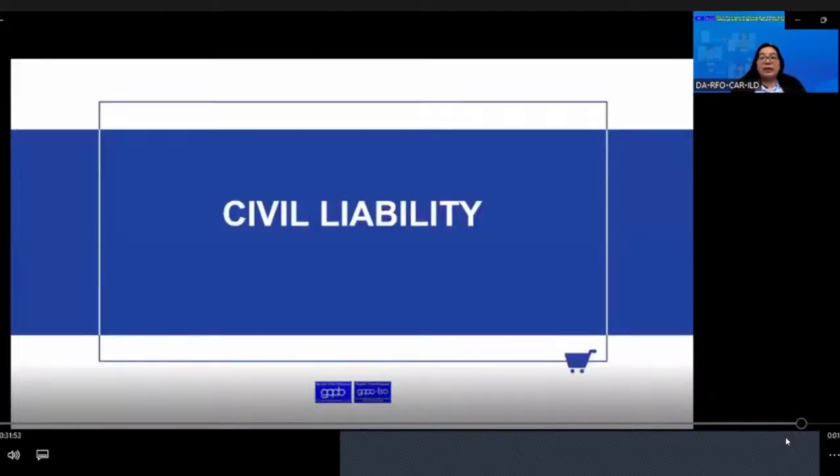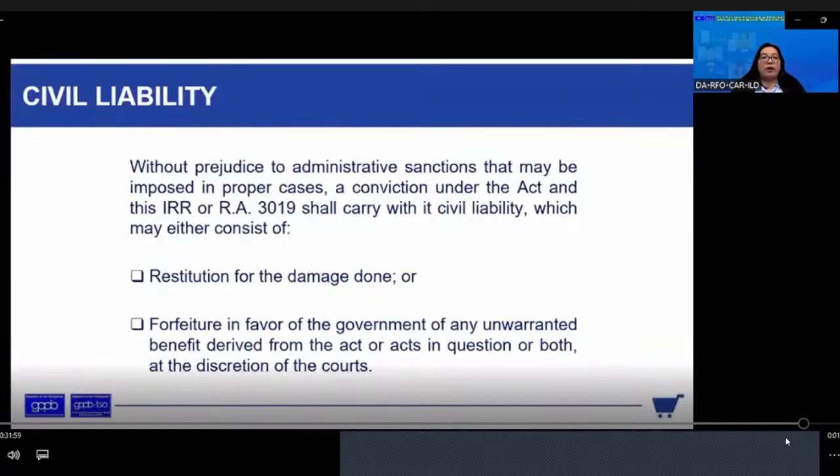The other liability is the civil liability, no? And without prejudice to administrative sanctions that may be imposed in proper cases, a conviction under RA 9184 and RA 3019 shall carry with it the civil liability.